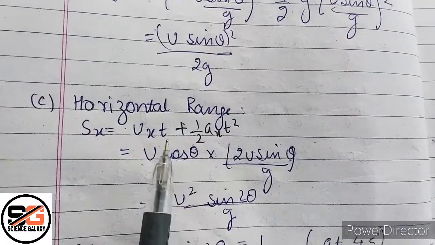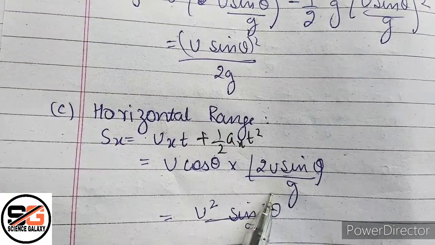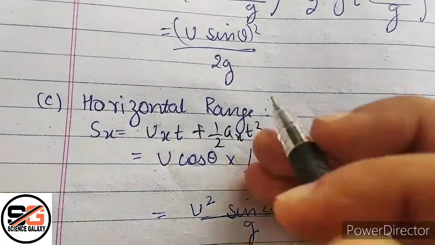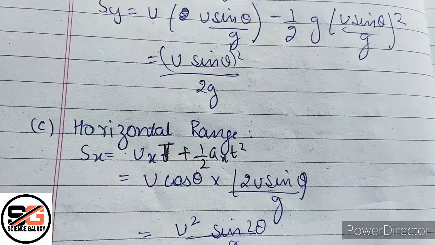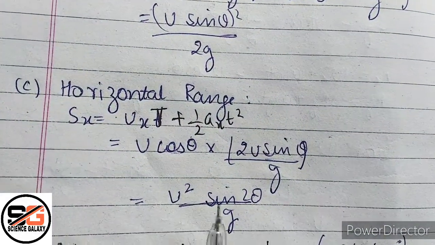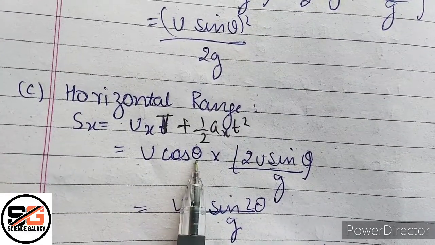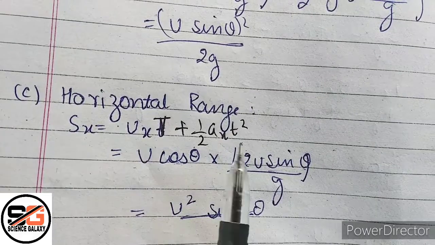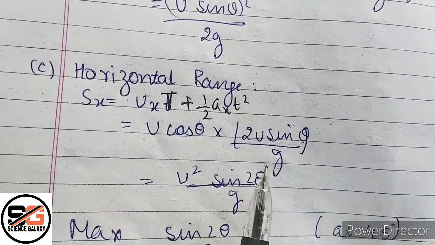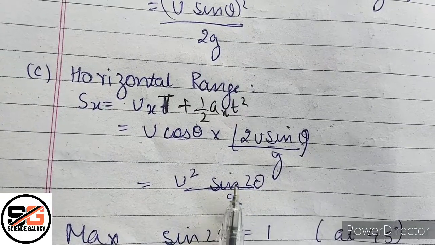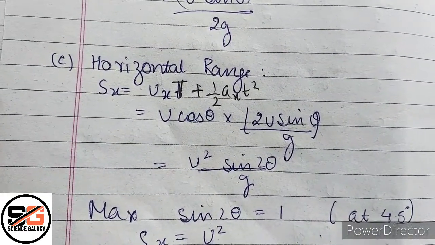So in place of t, we would write 2u sin theta upon g. Here, T is the time of flight. In place of ux, we would write u cos theta. And Sx would come out to be u square sin 2 theta upon g.